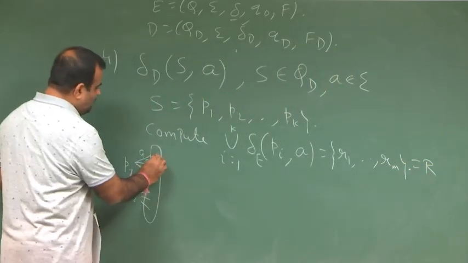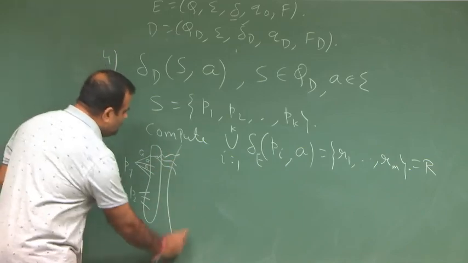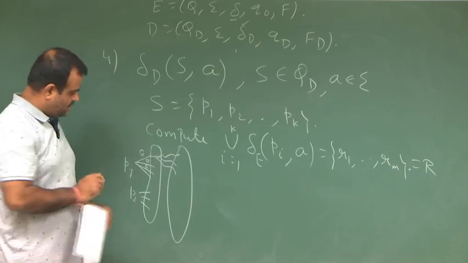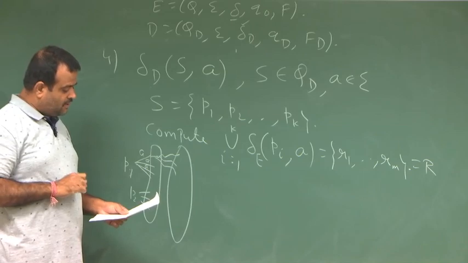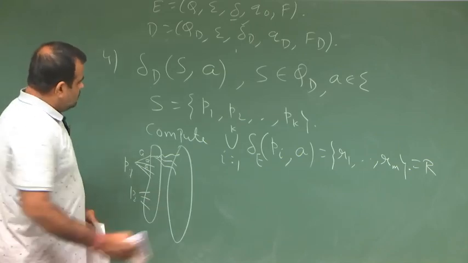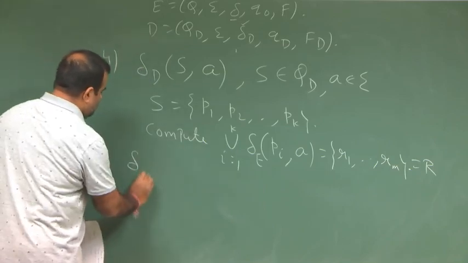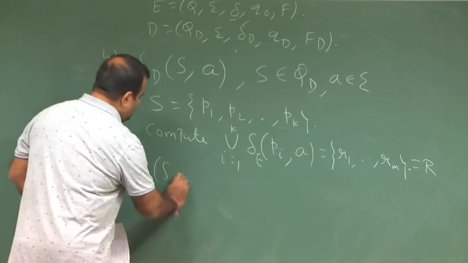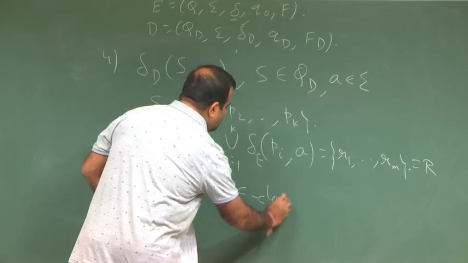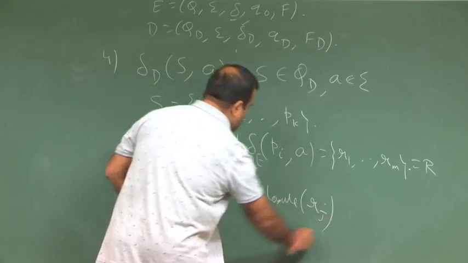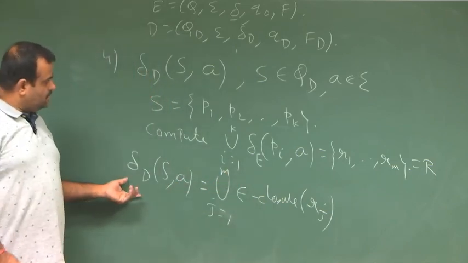Now, from this R set we have to consider the epsilon closure of each of these, and that will be our delta of this. So, how to write that? Yeah. We compute this, then delta d of s comma a is nothing but the union of epsilon closure of R j, j is equal to 1 to m.